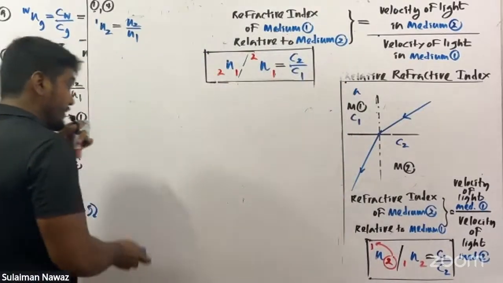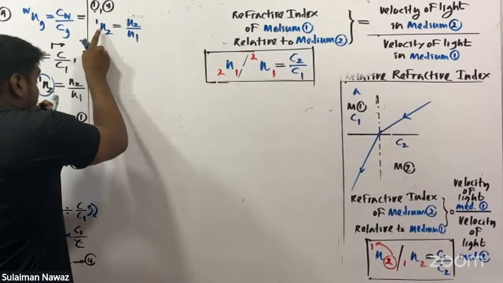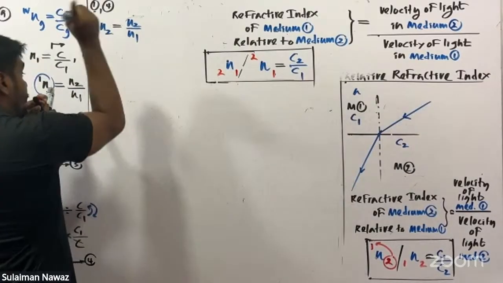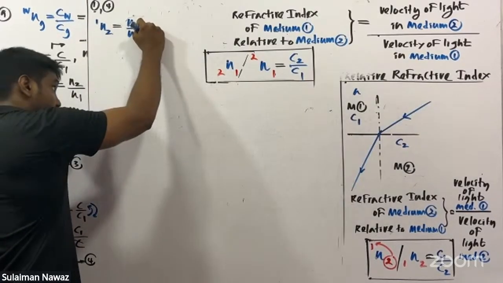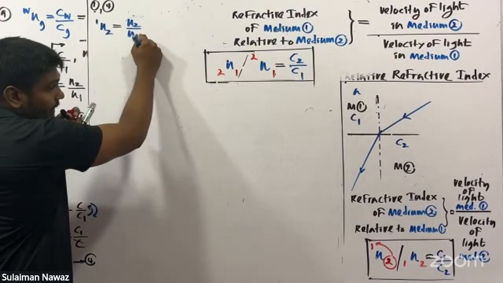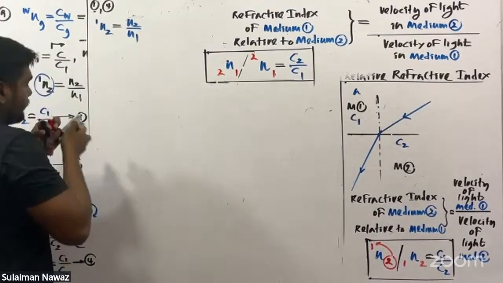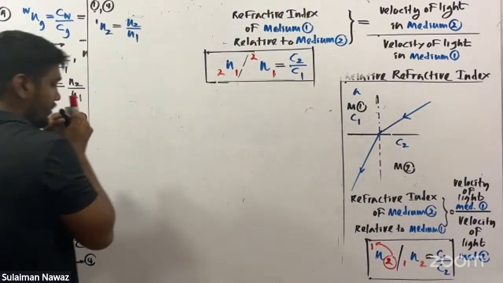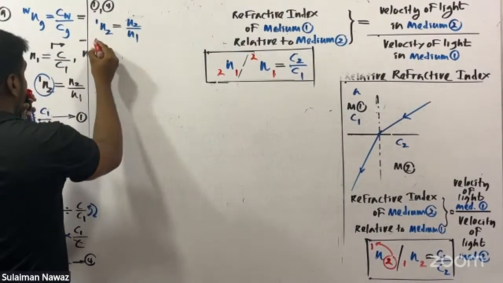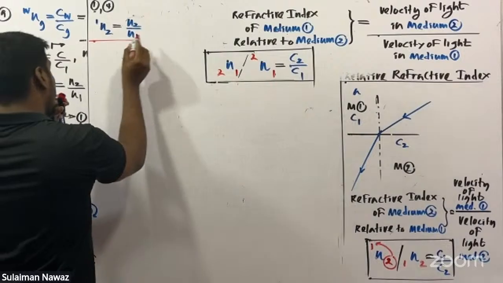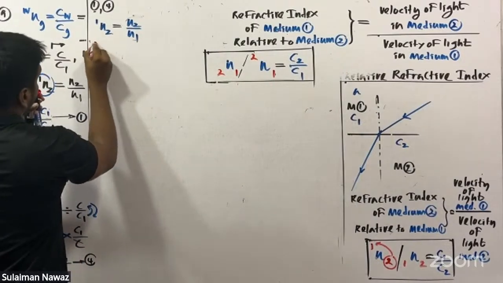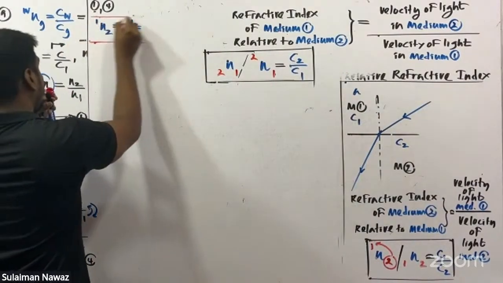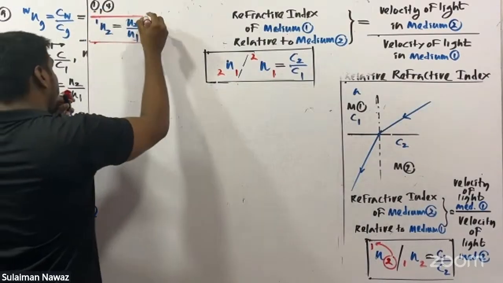Then the relative refractive index of medium 2 relative to medium 1 is the absolute refractive index of medium 2 over the absolute refractive index of medium 1. Highlight it, box it. This is important.